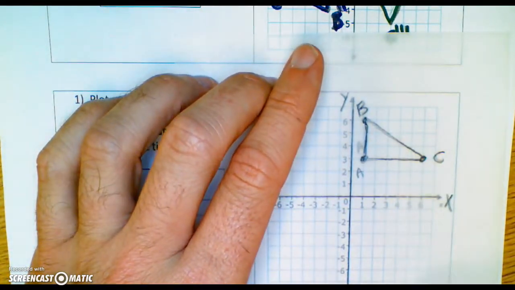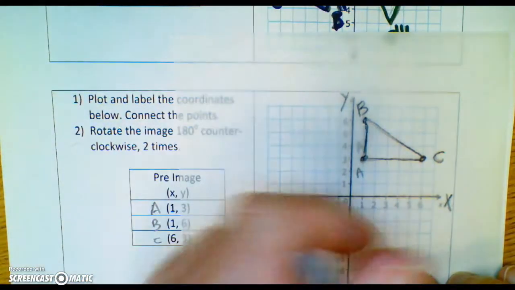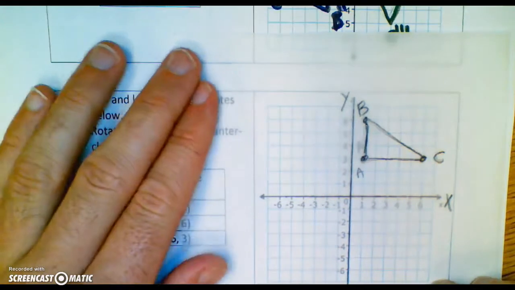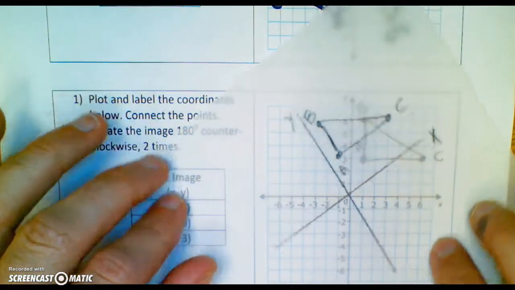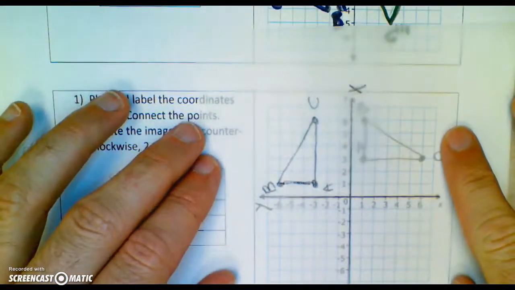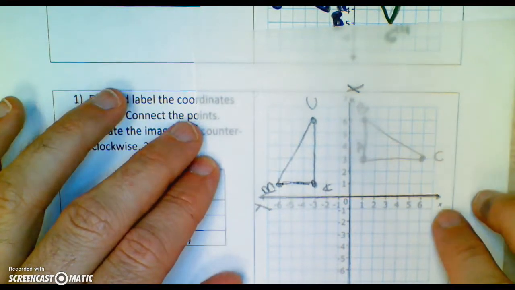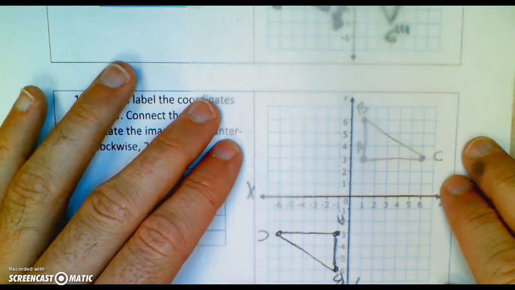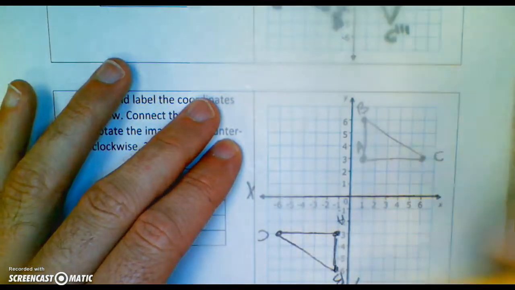Okay. If I'm going 180 degrees counterclockwise, it means I'm going to the left again, because counterclockwise is to the left. Remember, 90 degrees is when I spun it 1 time. But to get to 180, I have to spin it 2 times because 90 times 2 is 180. So now I've rotated this 180 degrees counterclockwise.